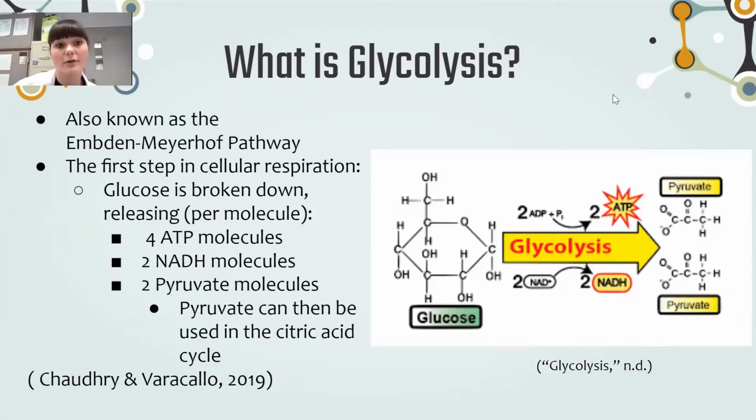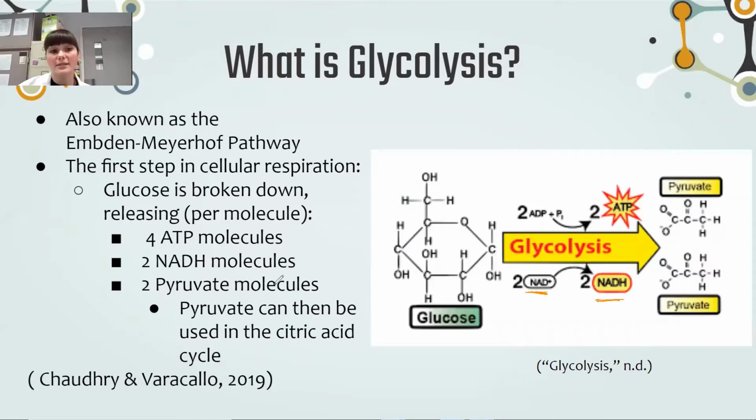So taking a look over to the diagram on the right, we see a very abbreviated diagram of glycolysis. We have glucose on the left, that hexagonal sugar, and as you go through the process of glycolysis, we see 2 NAD plus molecules are reduced into 2 NADH molecules, and 2 ADP molecules are phosphorylated to become 2 ATP molecules overall.